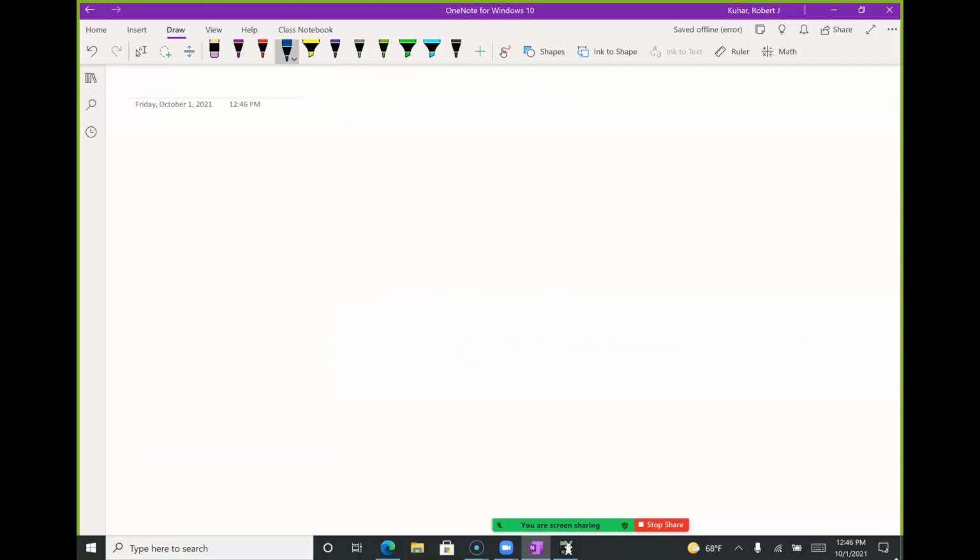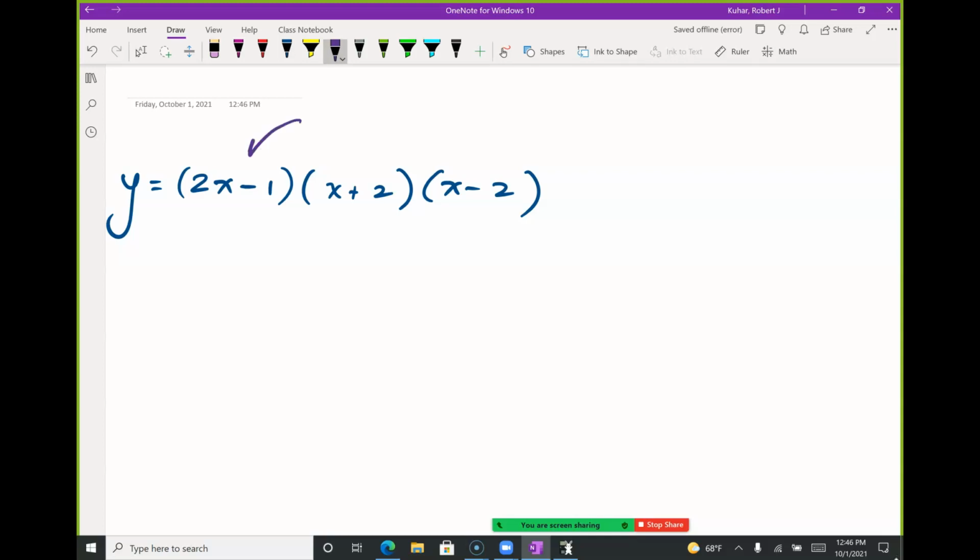Let's take something simple like 2x minus 1 times x plus 2 times x minus 2, and see what happens here. What are my zeros here? Half. Yeah, 1/2. My zero here is -2. My zero here is 2, right?